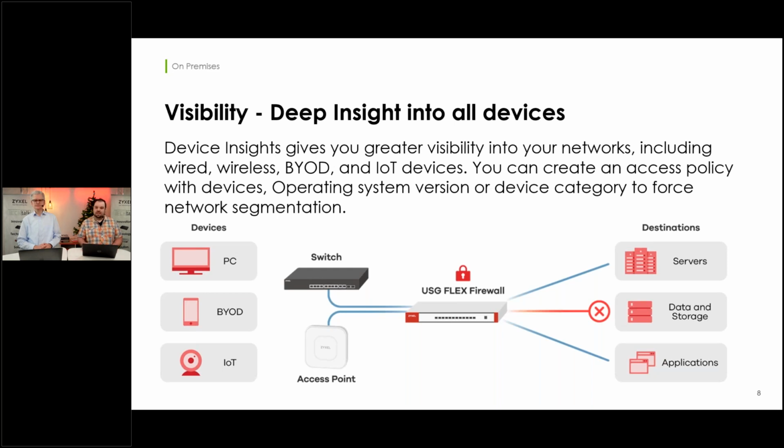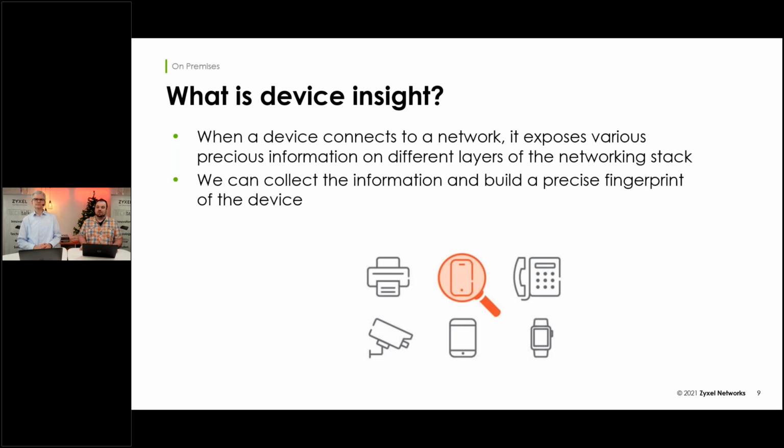And the firewall is collecting this information and making it visible. And how is it doing that? It is creating a fingerprint of your device. So it's collecting a few pieces of information like a MAC address, for example, and is syncing this information with the Fingerbank database and creating a related entry for your device.